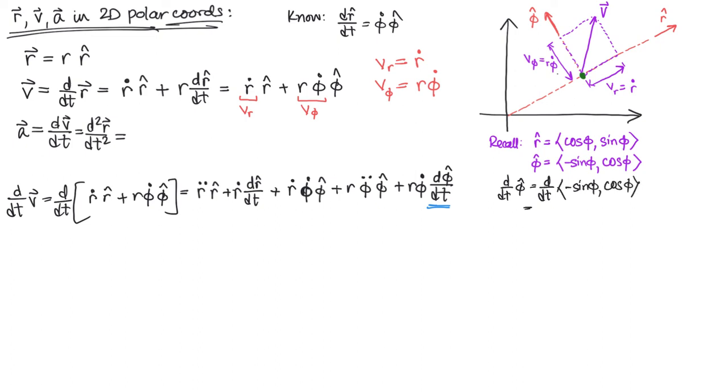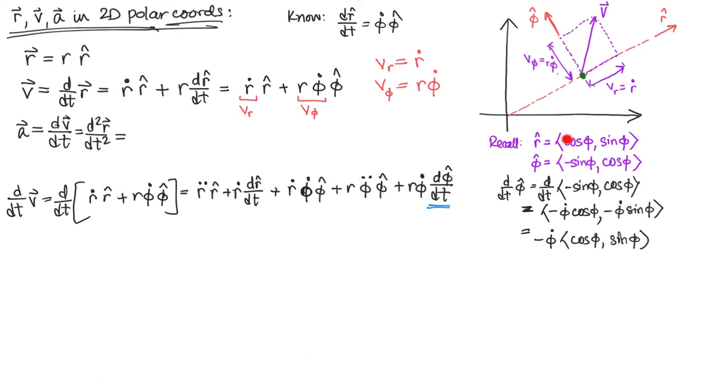Okay, so d/dt of phi hat is the time derivative of (minus sine phi, cosine phi), which is equal to (minus phi dot cosine phi, minus phi dot sine phi). We have a phi dot in both terms and a minus sign, so we factor those two out. And we're left with (cosine phi, sine phi) in our vector.